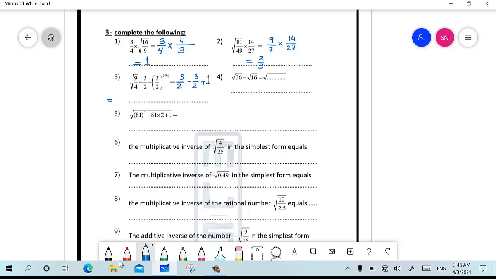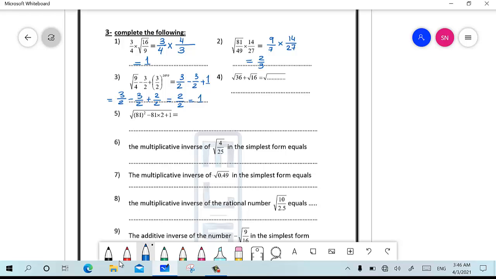So I have here again 3 over 2 minus 3 over 2, and I can put 1 also as 2 over 2 because I know that 1 is any number over itself. I'm going to have here an answer of 2 over 2, which is equal to 1. Let's go here for number 4. In number 4, I want to find square root 36 plus square root 16 equal to square root of what?